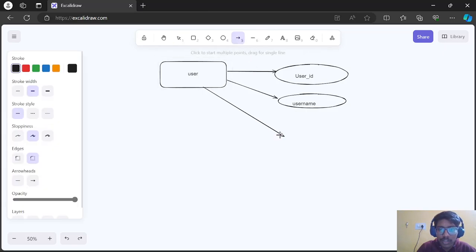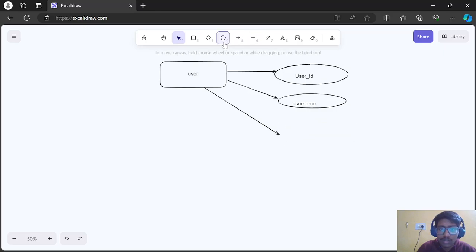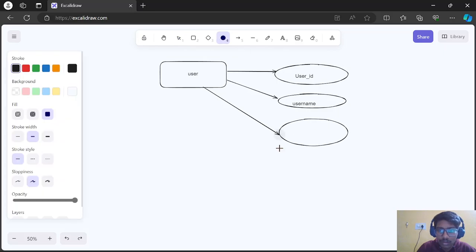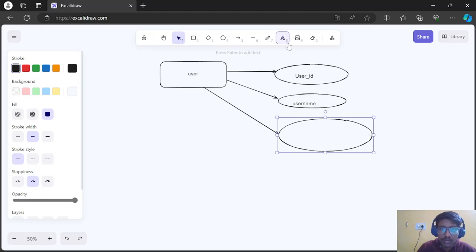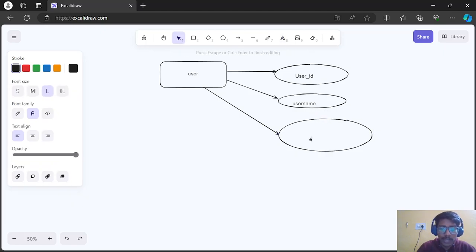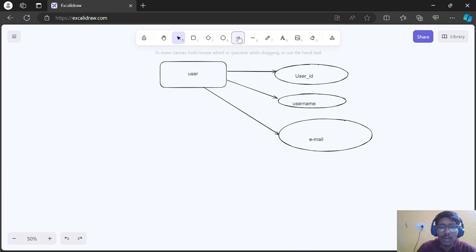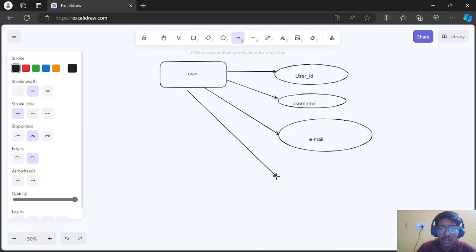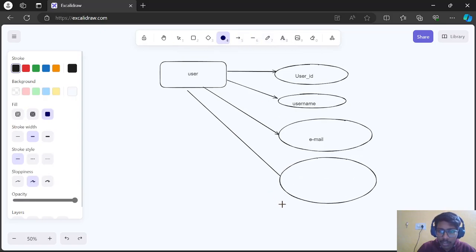The next attribute is the email. Along with the username and user ID, there is another attribute, the email of the user, and the last attribute is the phone number.